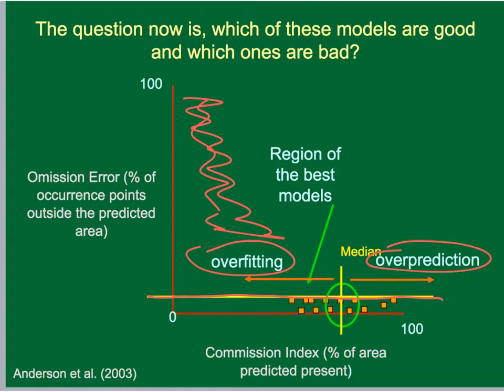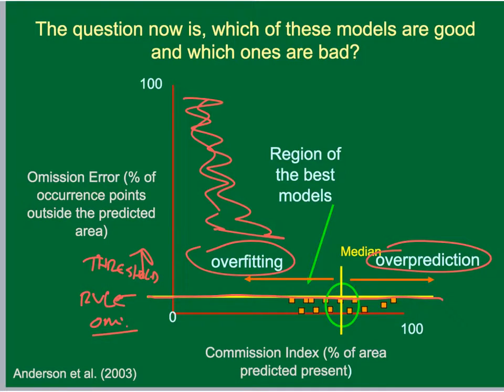So the way this works in the best subset procedure is to first set a rule about omission, to set a cutoff. Anything above that threshold is a model that's going to be excluded.